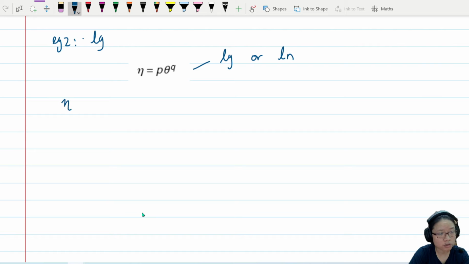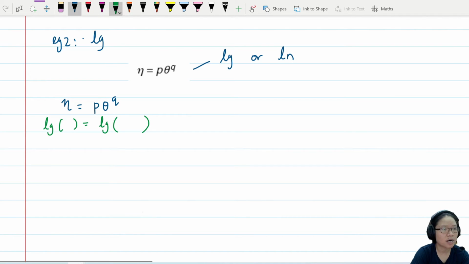So I copy the equation first, nu equals p theta power q, and then I add log to both sides. Log base 10 nu is log base 10 p theta power q. When I add the log base 10 inside, it's important to see which ones are the multiples that you can split. I can see that this is p times theta power q.